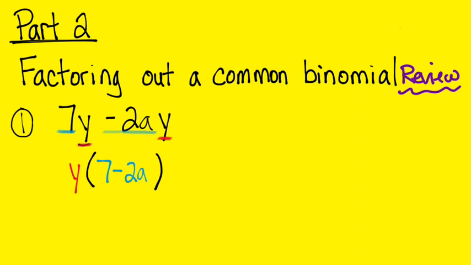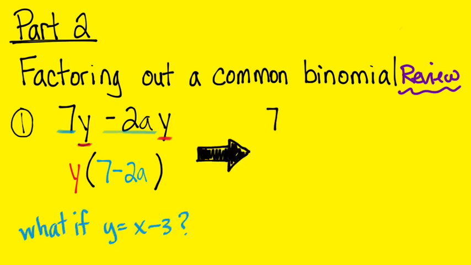Well, now when we talk about a common binomial, we're talking about what if, instead of dividing off y, what if y were a binomial instead? An identical twin, shall we say? So what if y equaled x minus 3? Well, then this equation, 7y minus 2ay, would look like this instead.